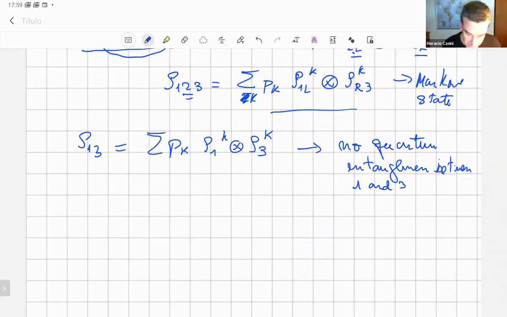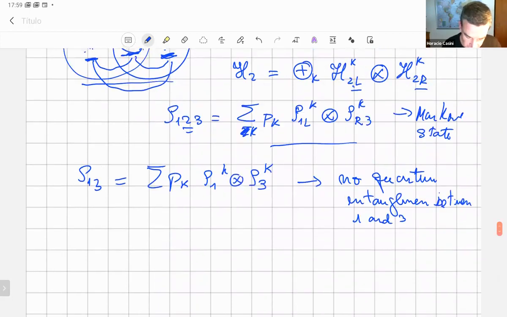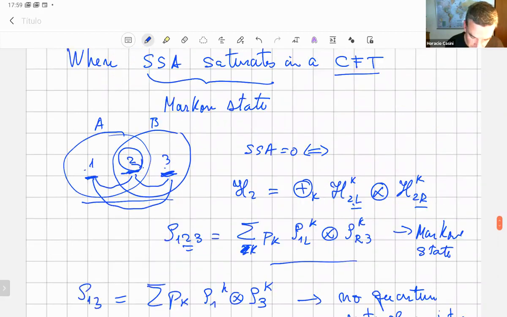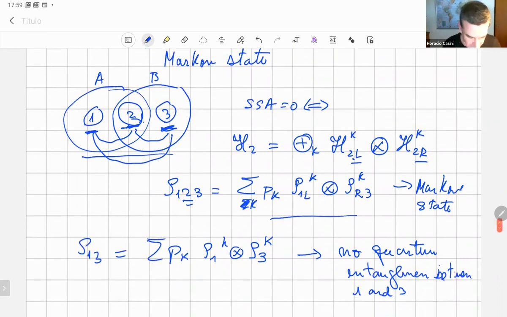And then we have to look for some regions where there is no quantum entanglement between 1 and 3. And we usually think there is always entanglement in quantum field theory.